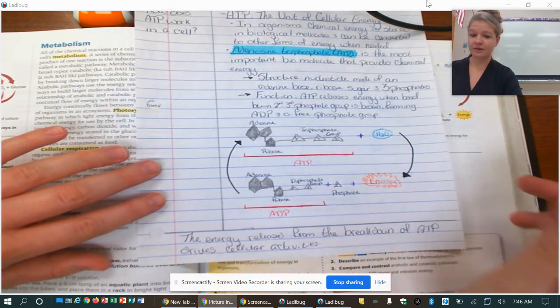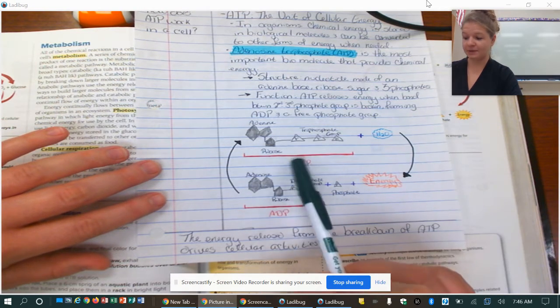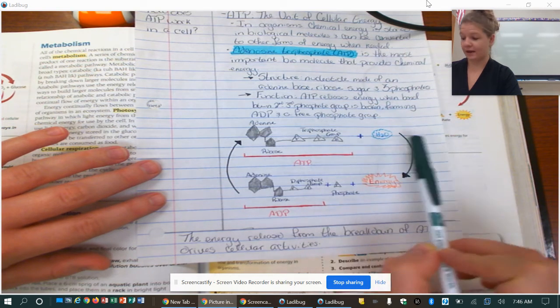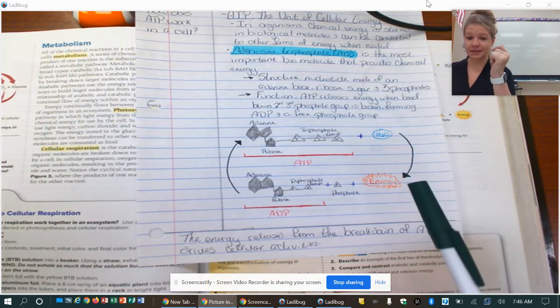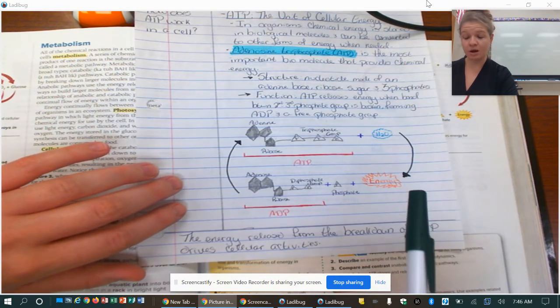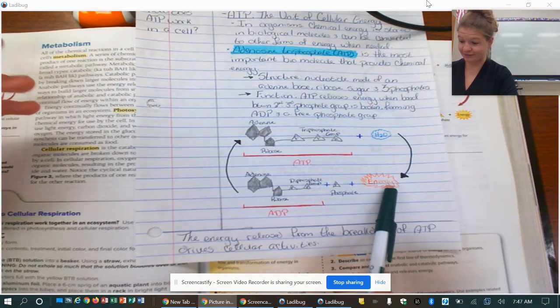And then I wrote this diagram because I wanted to remind myself that this is how it works. We have ATP, we have our base, and then we have our 3 phosphates. You add water to that, that is what releases that energy. So when that H2O pops that phosphate group off, when that happens, we have energy, which we like. We like energy.